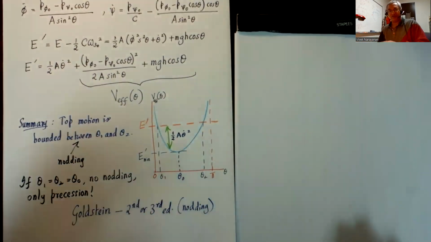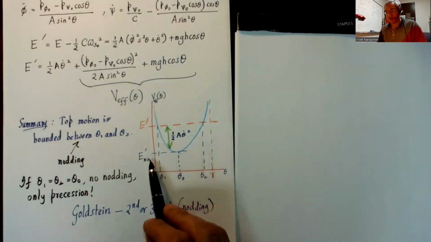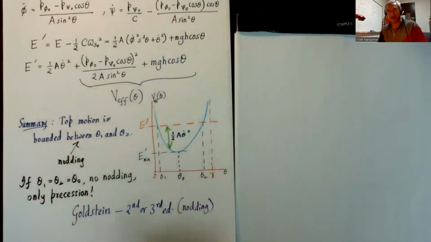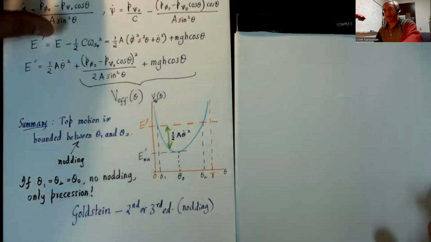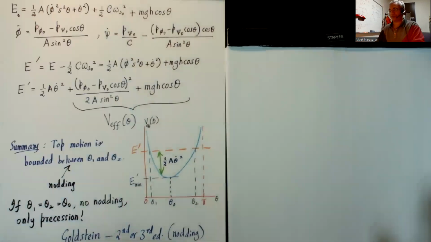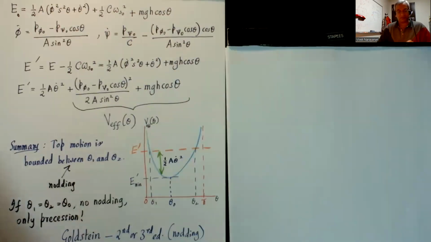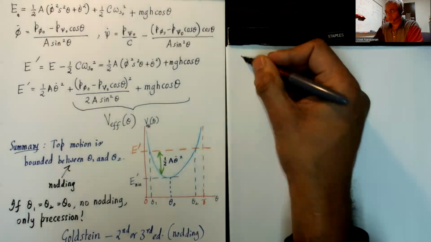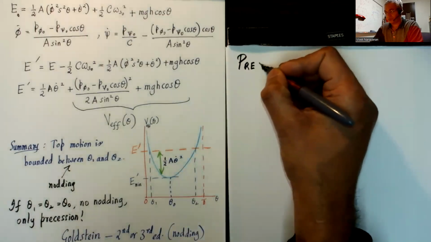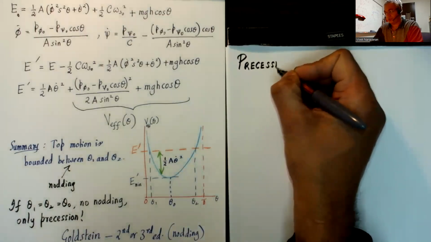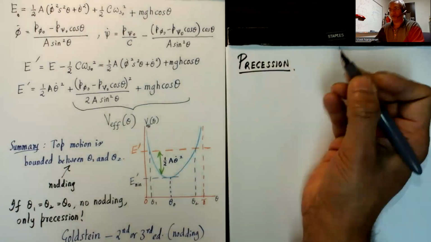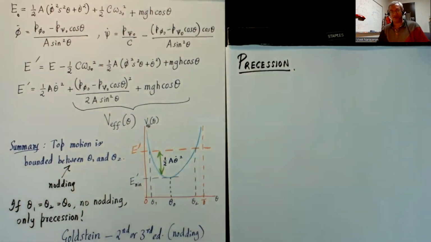Okay, now back to the simpler stuff. The simpler stuff is to minimize the energy, find some interesting conditions that will inform us about precession. Precession is really important. Many of you may know that Einstein's theory of relativity predicted that the orbit of Mercury precesses.